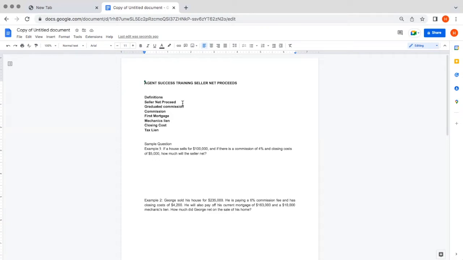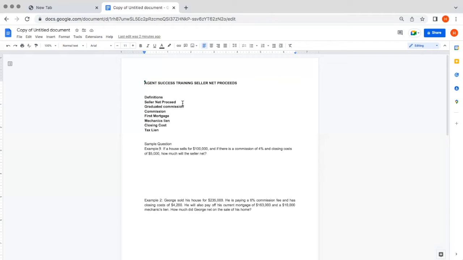But a seller net proceed is that obviously you're dealing with a seller that's selling this property. And with the seller net proceeds it's really just one simple question: how much is the seller going to net after all expenses are taken out of the transaction? You would want to know this before the house is even sold, to give the seller an idea of the cost related to the real estate transaction.